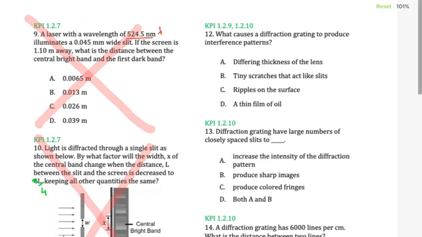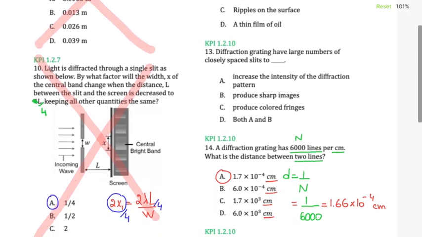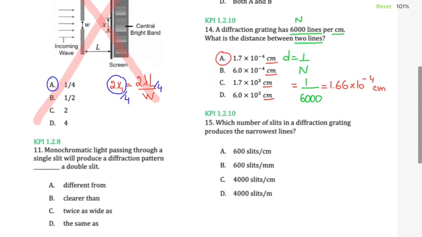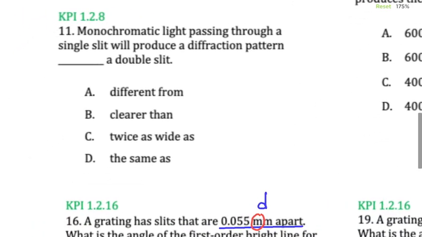Question 9, we don't need. Question 10, we don't need. Question 11, monochromatic light passing through a single slit will produce a diffraction pattern different from a double slit.